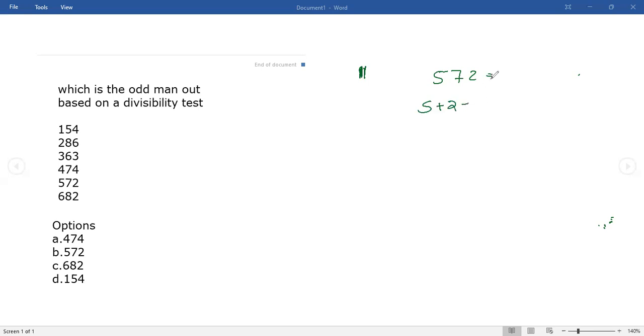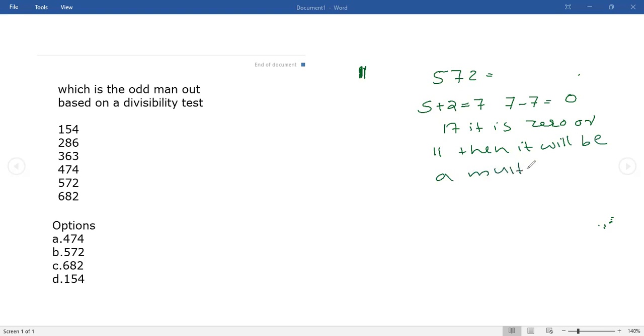Then subtract that number from the middle number, that is 7 minus 7. If it is equal, that is equal to 0. If it is 0 or 11, then it will be a multiple of 11.